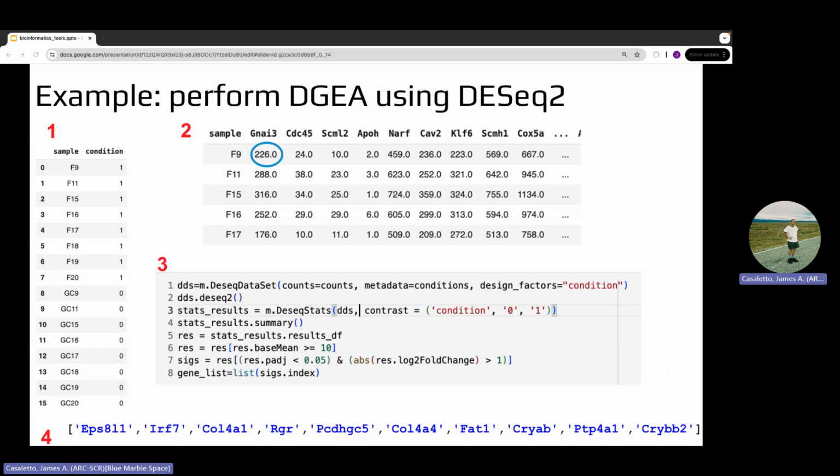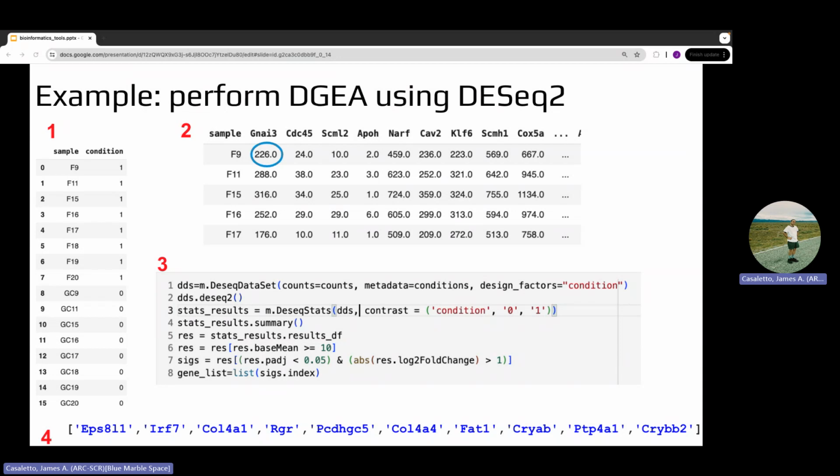For example, the first row is for F9, and each column represents a gene. For example, the first column is GNAI3. Each cell is the count of RNA transcripts for that gene for that sample. So for example, 226 is the number of RNA transcripts measured for sample F9 for gene GNAI3.